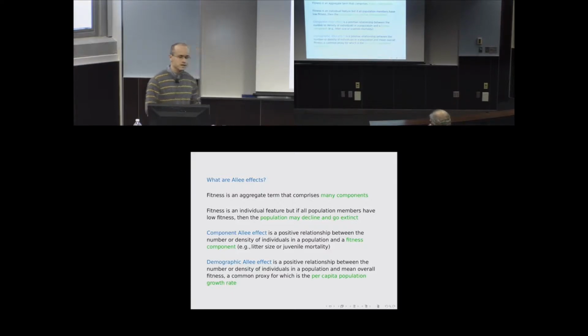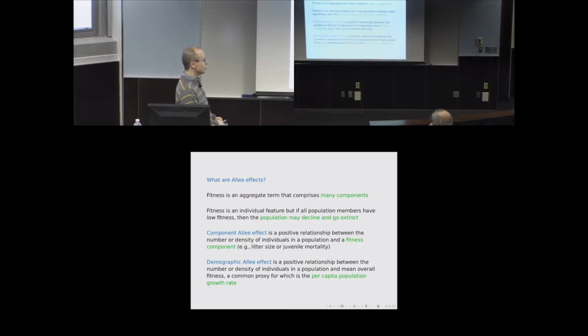The component Allee effects denote any positive relationship between population size or density and any measurable component of fitness. So you may imagine, for example, the number of offspring, adult survivorship, the probability of surviving winter, the probability of finding a mate. These are all components of fitness, and if these components are positively density dependent, then we speak of component Allee effects.